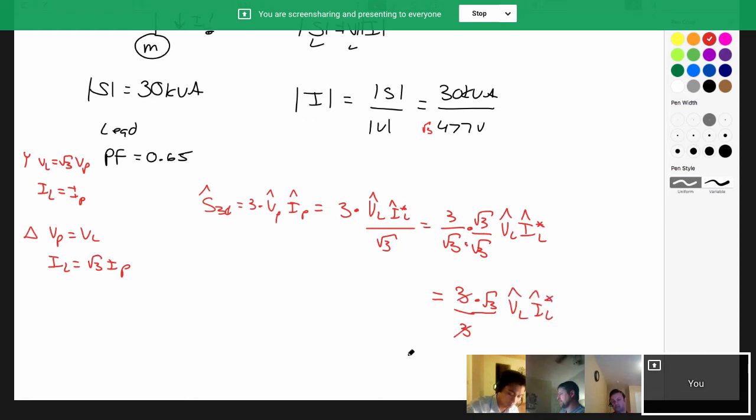So my three-phase formula, when I use my line values, has that square root 3, doesn't it?